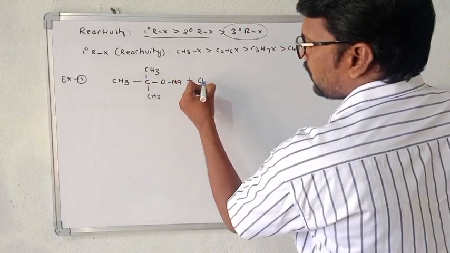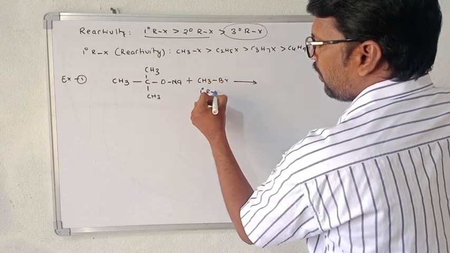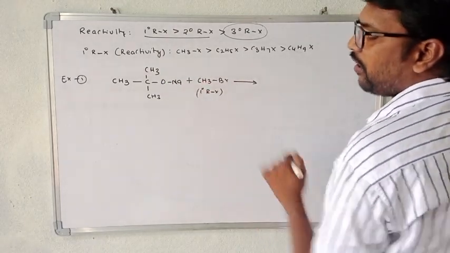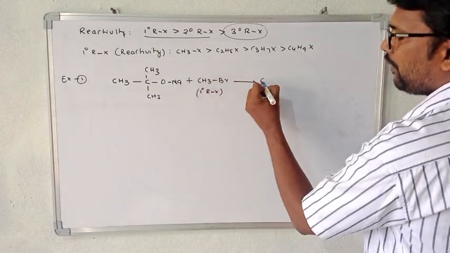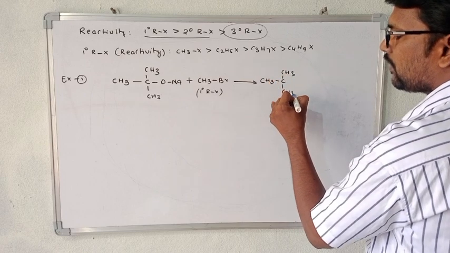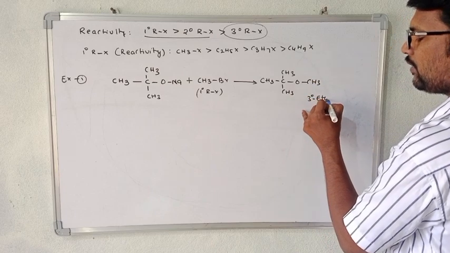Now it reacts with CH3Br, a primary alkyl halide. NaBr is eliminated. The product formed is (CH3)3C-OCH3, that means tertiary ether is formed.